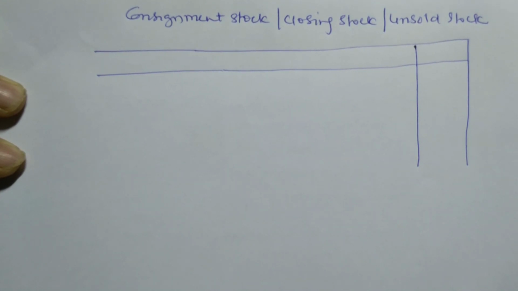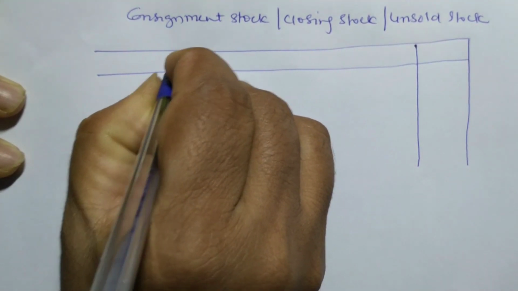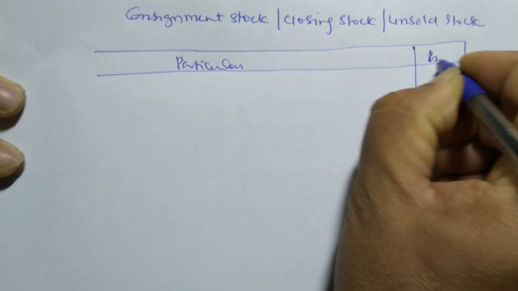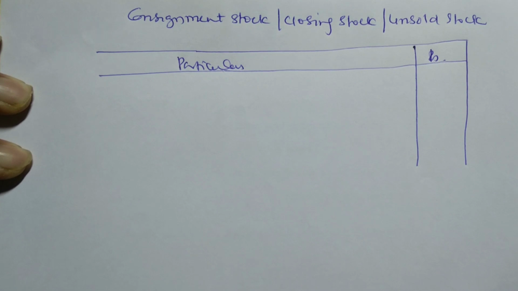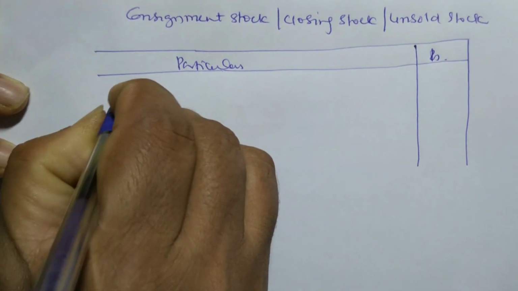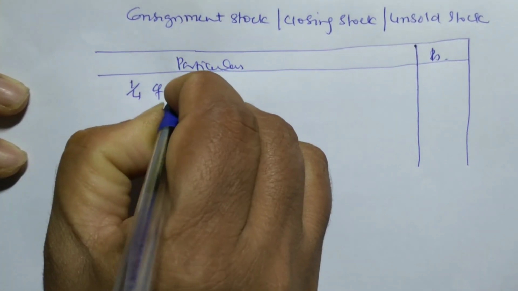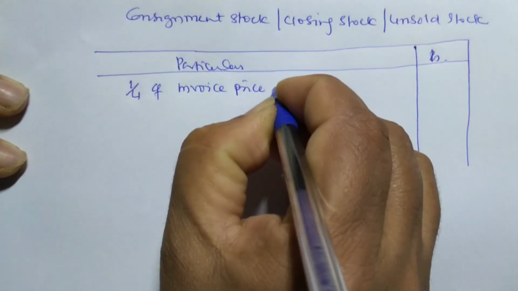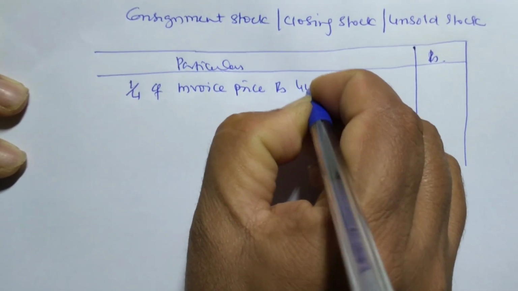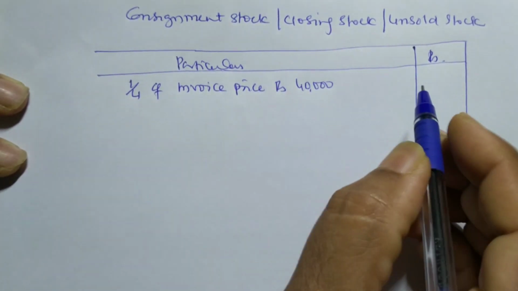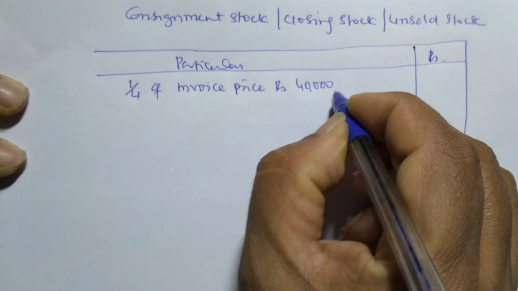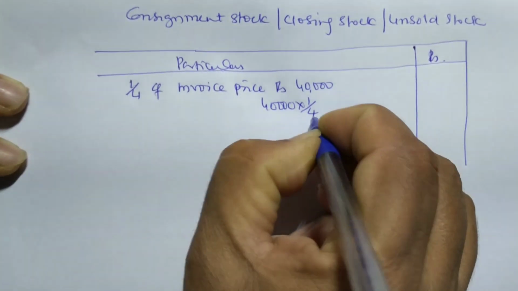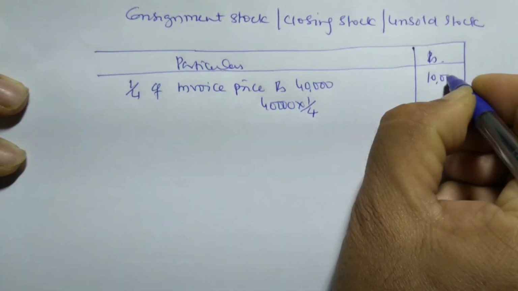In this problem, 1/4 of invoice price of rupees 40,000 is unsold stock. It means that 40,000 into 1/4 is 10,000.